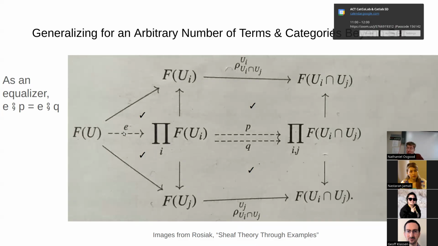The pullback of your pants and shirts that are the same color is a subset of all pairs of shirts and pants that you have. And it's the specific subset such that the color of the pants matches the color of the shirt. Here, this is the specific subset of f of ui, of what you assume is going on in all the ui, such that if you restrict it to the intersection of ui and uj, going through ui is the same as going through uj and restricting it to that. Does that make sense?